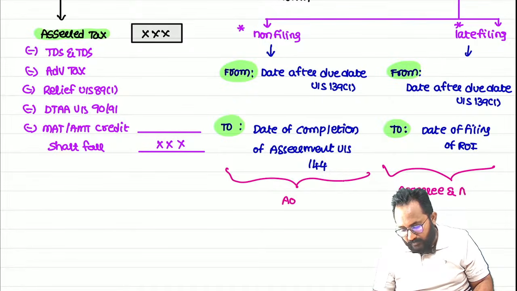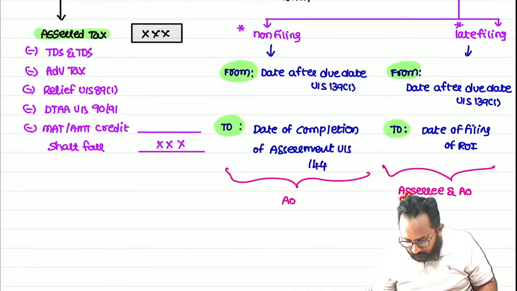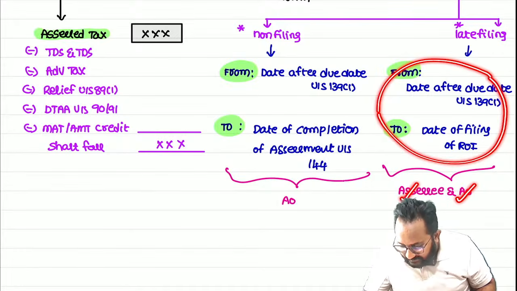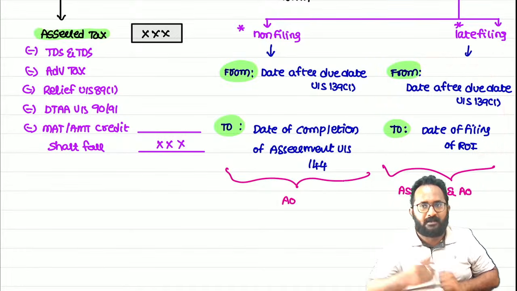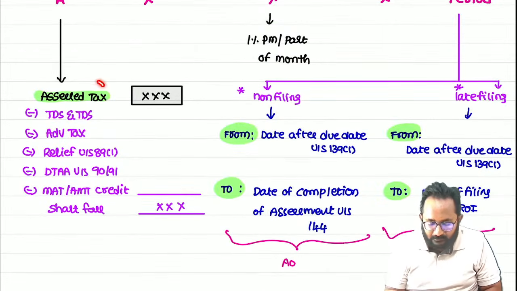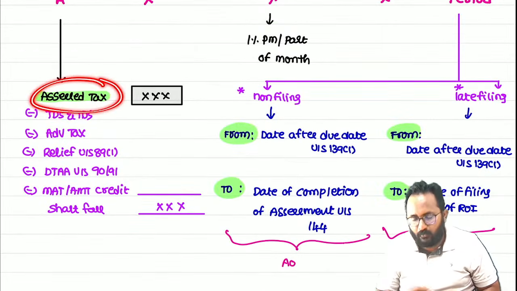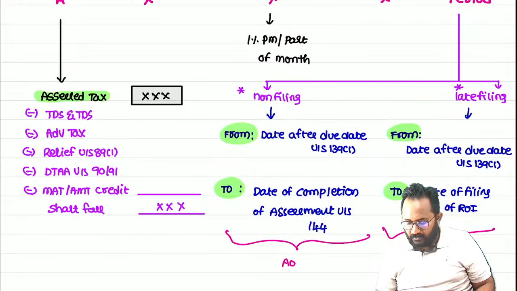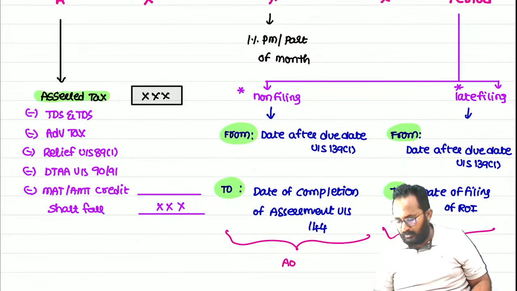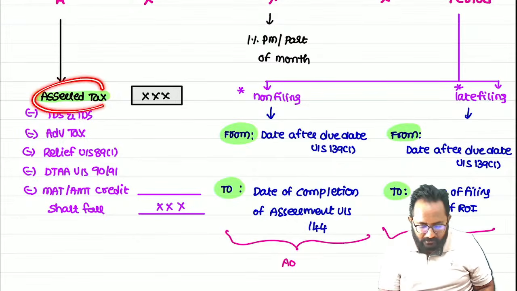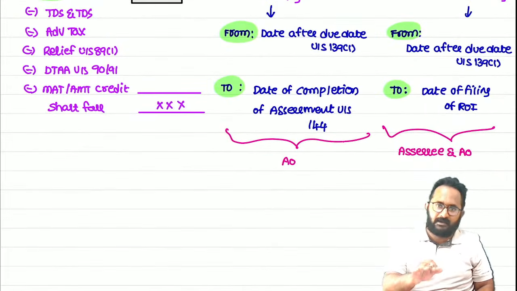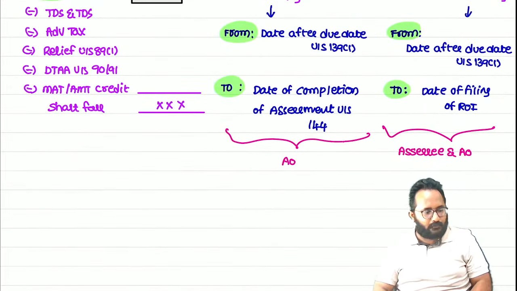Whenever computed by SSE or AO, for the same period we have to calculate the interest. But what is the difference between those computations? Only that in SSE computation we take self-assessed tax, and in AO computation we have to take the what? AO determined tax. Understood, all of you?